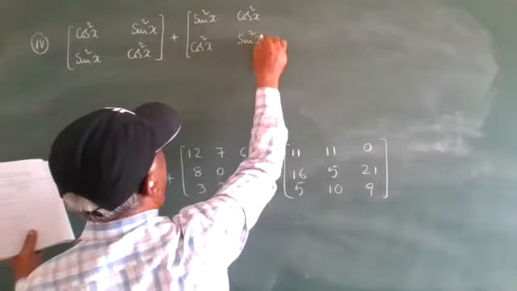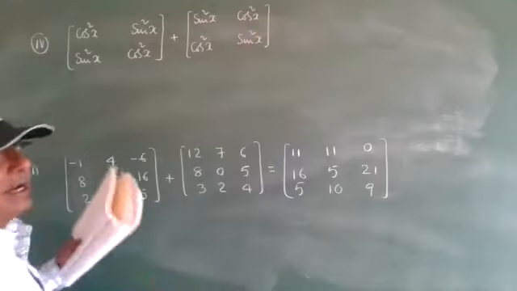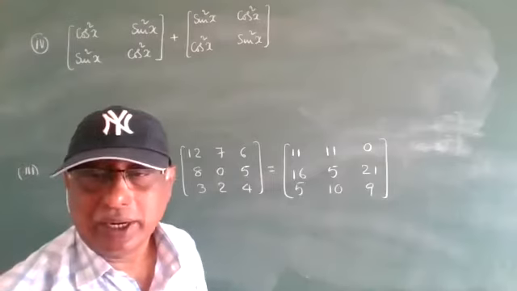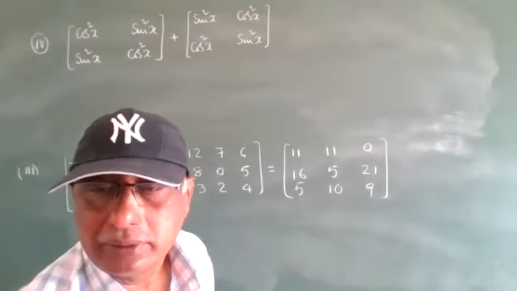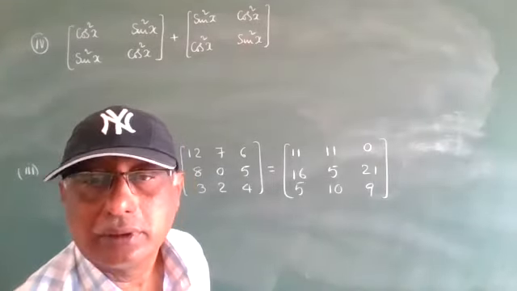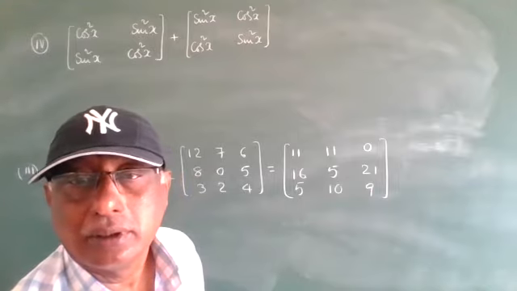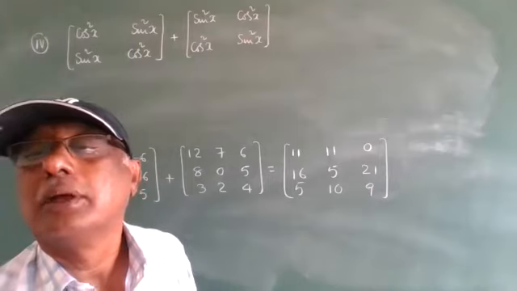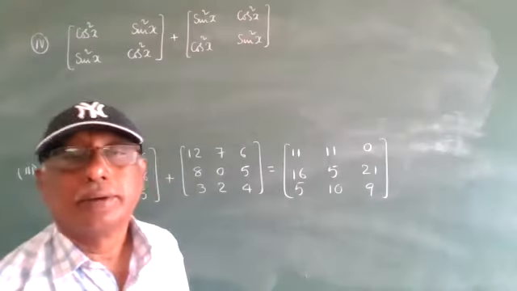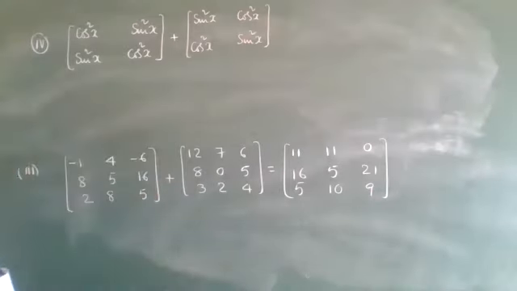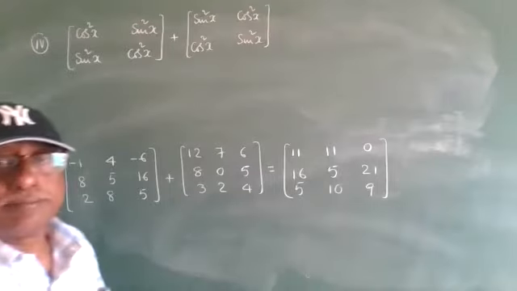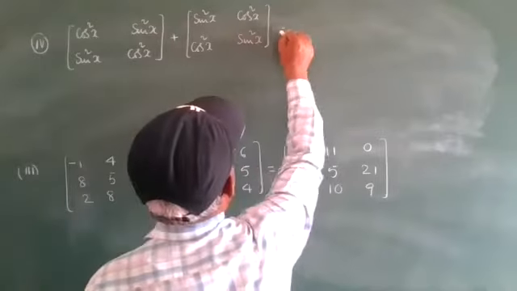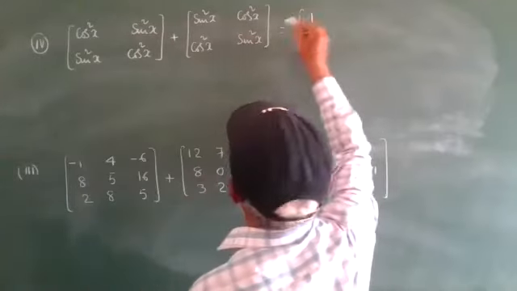Now add and write down the answer. First element: cos square x plus sin square x is 1.